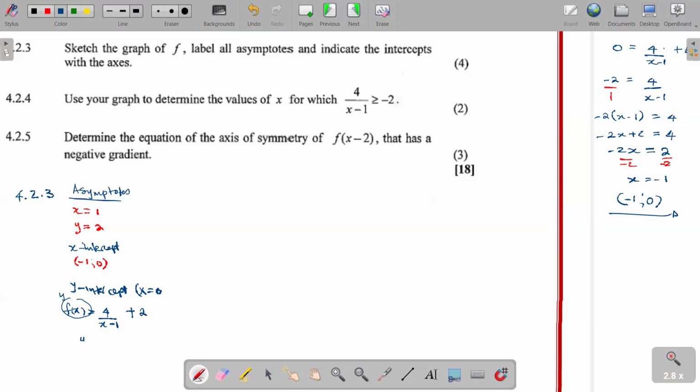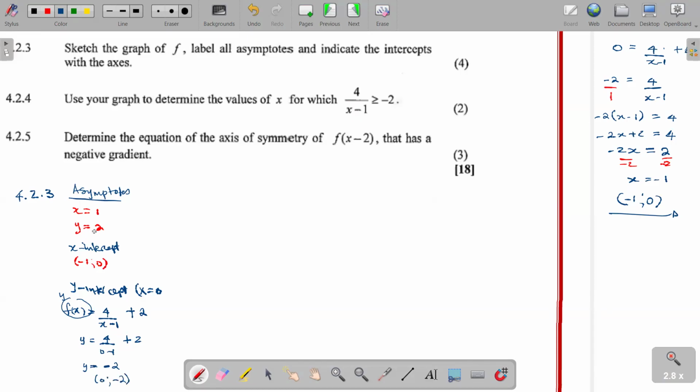So our y will be equal to 4 over 0 minus 1 plus 2. Eventually, our y is equal to negative 2. After simplifying this, trust your calculator. So the coordinates of the y-intercept can be written as (0, negative 2).